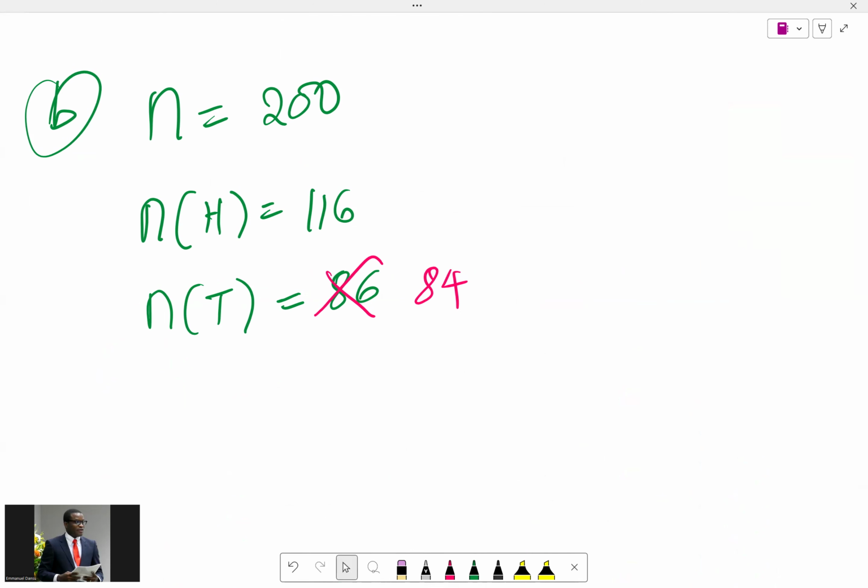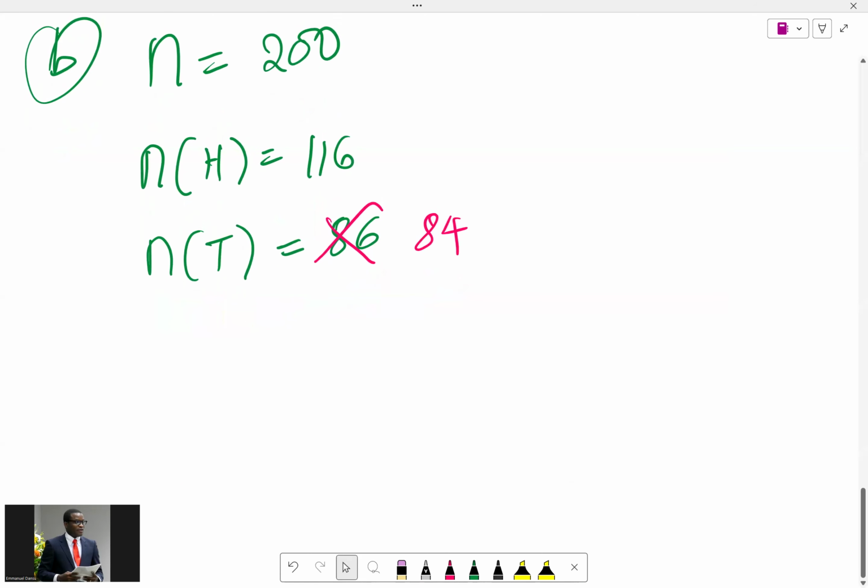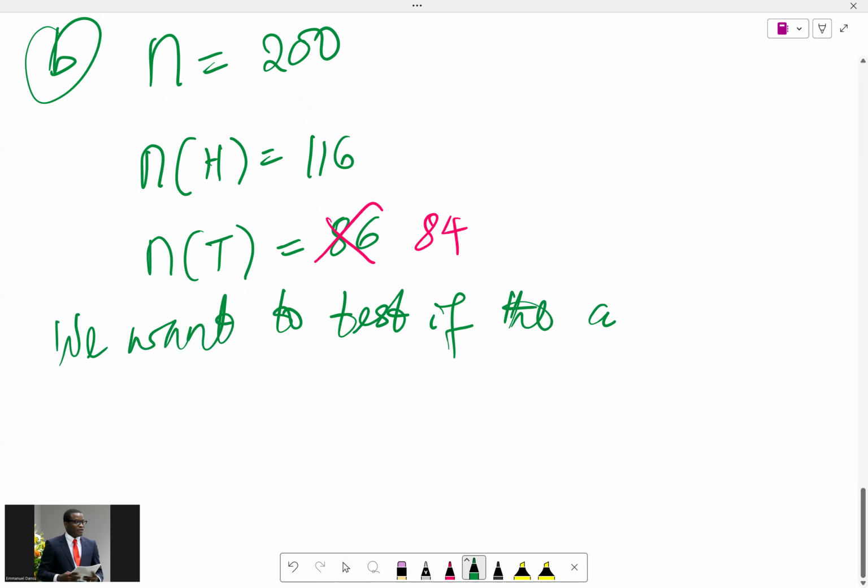So let's see. We want to test if the coin is fair.